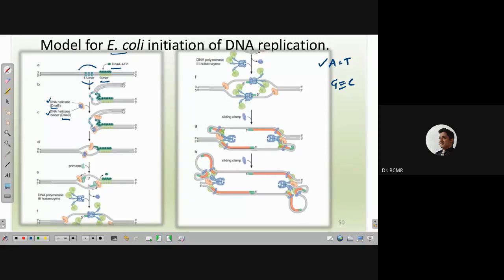So the binding of DnaA will induce denaturation in the 13-mer region, and then DnaB and C, as a complex together, will come, and the helicase loader will put the helicase onto one of the strands.